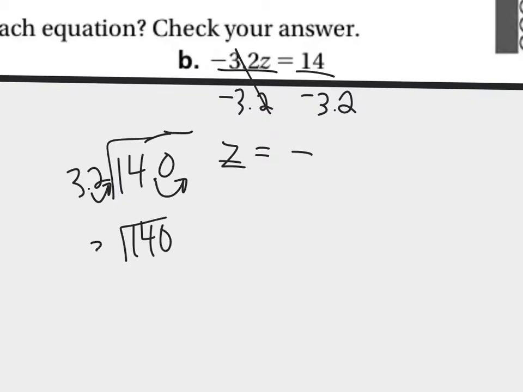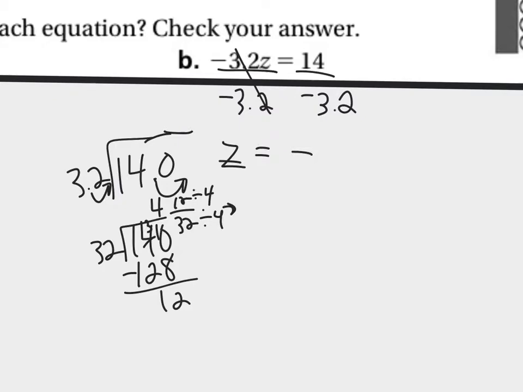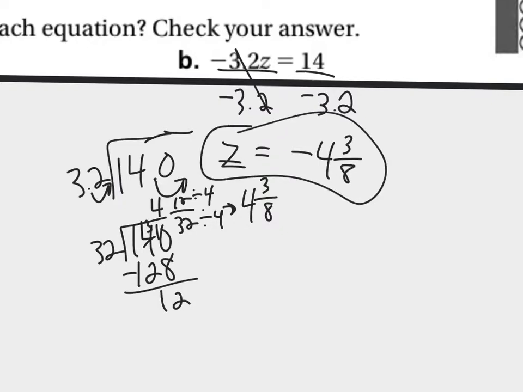So it becomes like 140 divided by 32. So 4 and 12 over 32, we can reduce both of those by 4, and that would be 4 3/8. And then just remember, it is going to be negative, so -4 3/8.